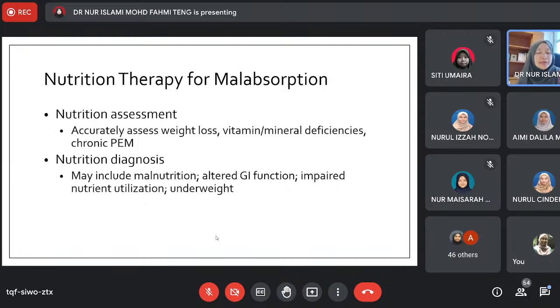So the common nutrition diagnoses may include malnutrition, altered GI function, impaired nutrient utilization and underweight.